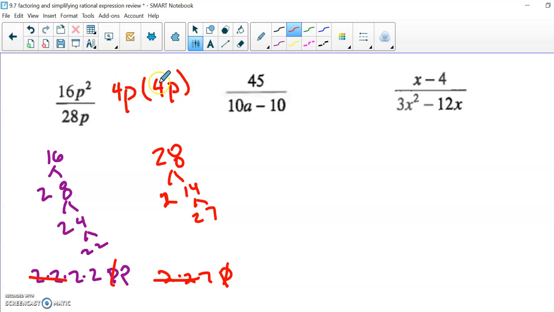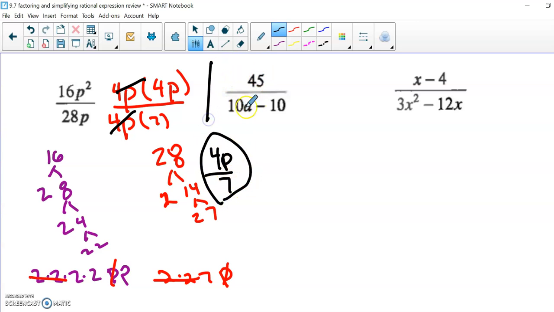So if we take 4p times 4p, we're back to the 16p squared, and we took a 4p out of here. We were left with a 7. We're going to cancel out those 4p's. And we're left with 4p over 7.